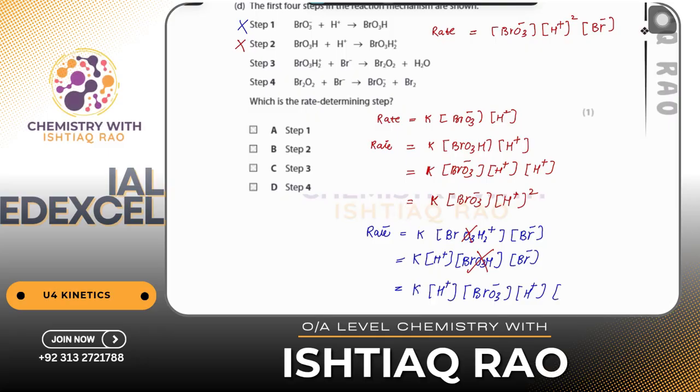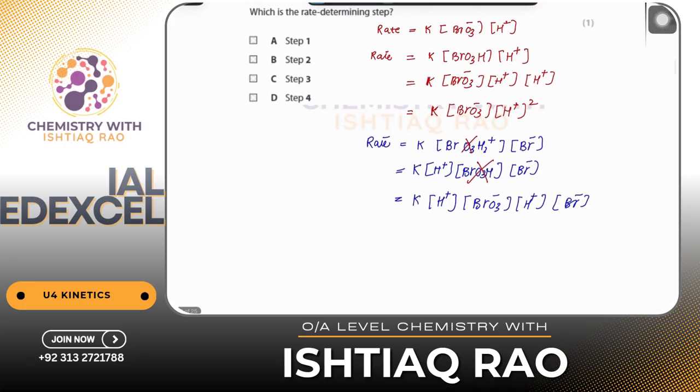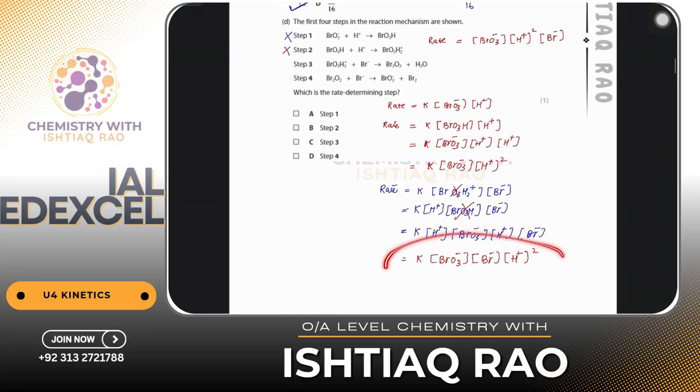When you simplify this, you get K, BrO3 negative, Br negative, H plus into H plus, which is H plus squared. You can see this is going to match with the given rate equation. So yes, step number 3 is the slowest step.